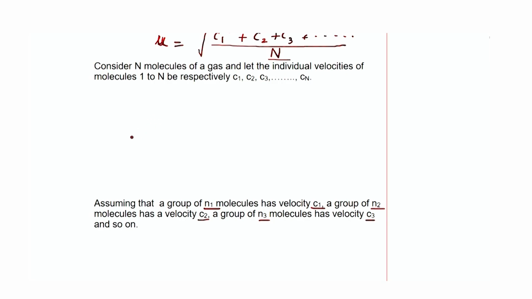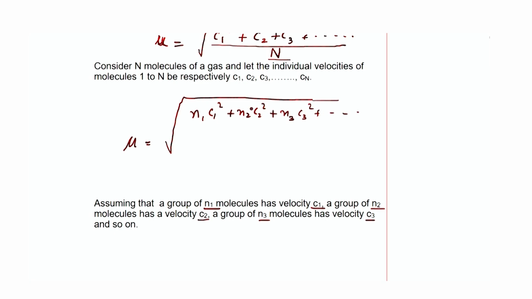The next is u equals square root of, what we have done in the previous case, n1 C1 square plus n2 C2 square plus n3 C3 square plus so on, whole divided by n1 plus n2 plus n3 and so on.